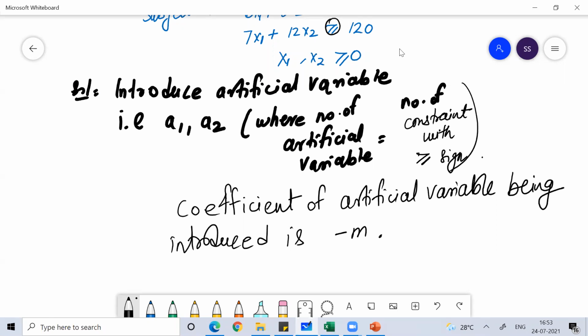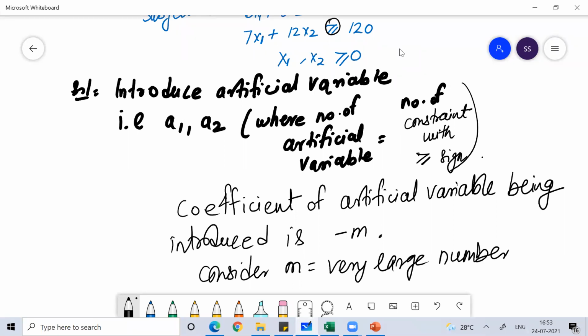Consider M: M is a very large number close to infinity. Not exactly infinity, but close to infinity.